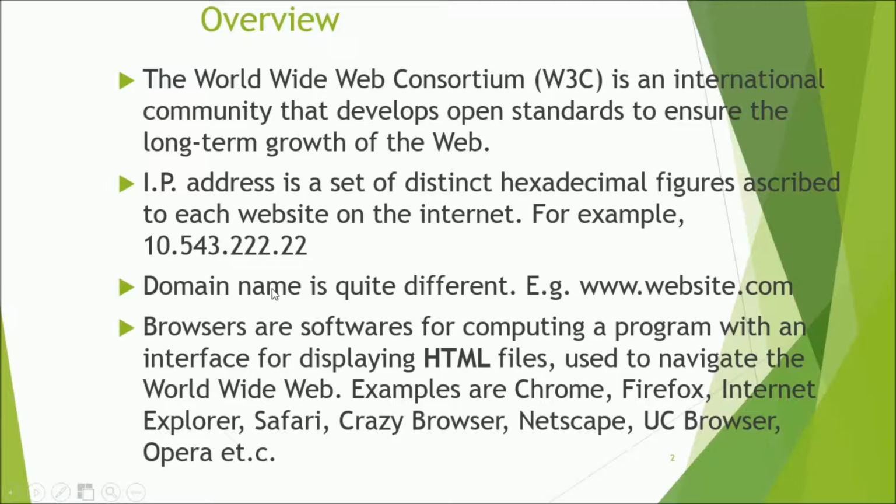Now, a domain name itself is quite different, as you can see here. For example, you have www.website.com. Every website has an IP address and a domain name. To make it easier, why would I start cramming 10.543.222.22 when I want to go to probably my website.com?